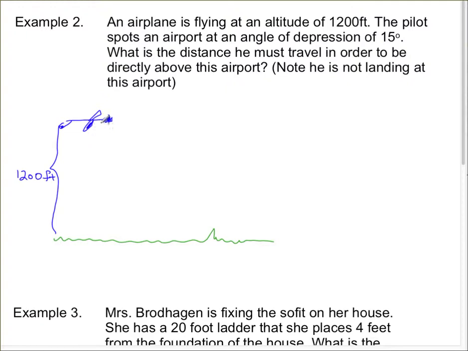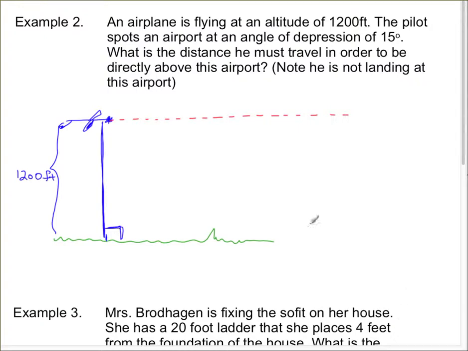So let's actually draw this as a triangle. I'm going to put this down here, 1,200 feet. Now remember, vertical meets horizontal at a 90-degree angle. The pilot spots an airport at an angle of depression of 15 degrees. Now remember, the pilot, when he's flying the plane, is looking straight ahead most of the time, or at least I hope he is. And he has to look down to spot an airport.